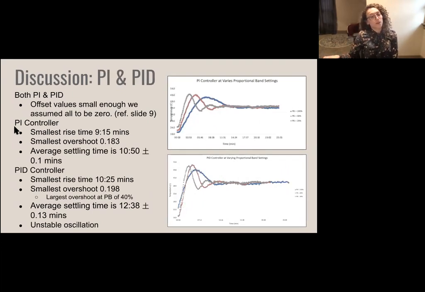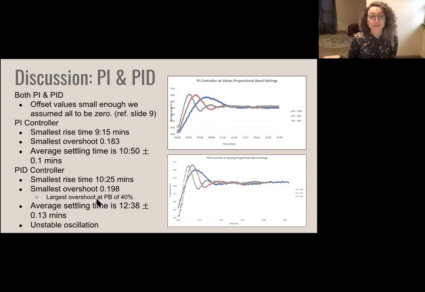So for the PI controller, the smallest rise time was 9 minutes and 15 seconds. Smallest overshoot was 0.183. The average settling time is 10 minutes, 50 seconds, plus or minus 0.1 minutes. PID controller, smallest rise time was 10 minutes, 25 seconds. Smallest overshoot was 0.198.